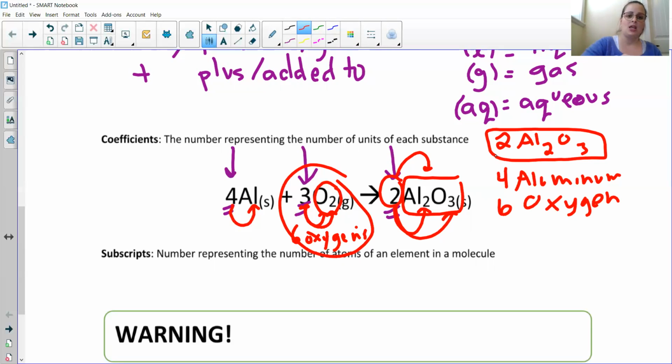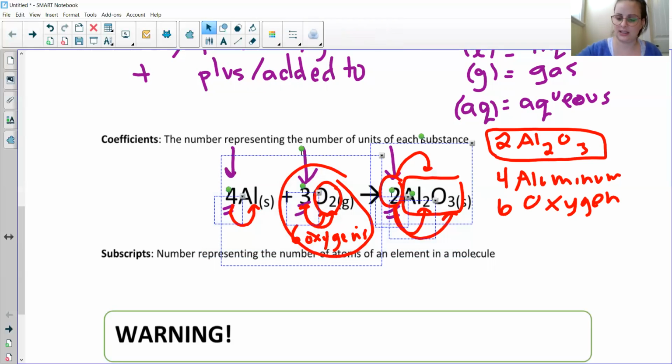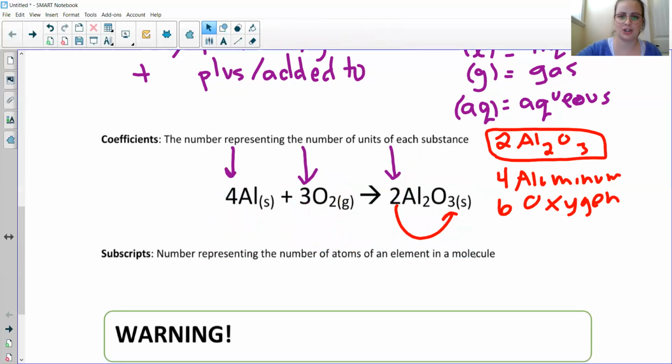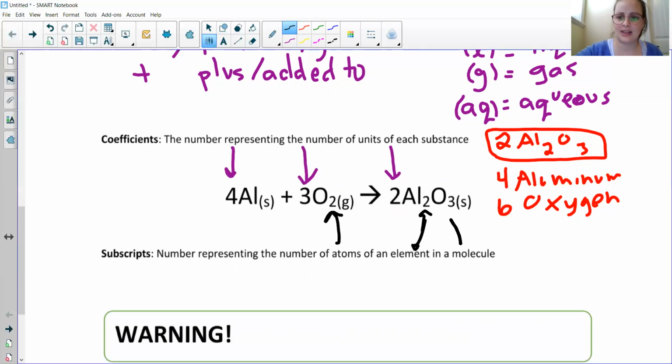Okay. The other thing I've already kind of touched on, and I've made a bit of a mess of my notes here, so I'm just going to delete some of that noise out of the picture, but the subscripts are these numbers here, and they have to do with the amount of atoms of each element that are in a particular compound or molecule. I have a big warning sign here.